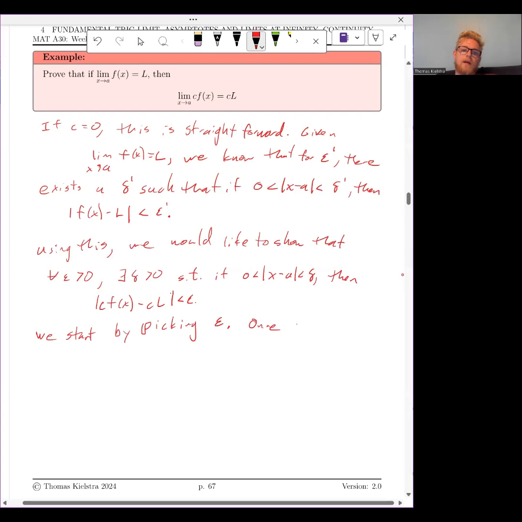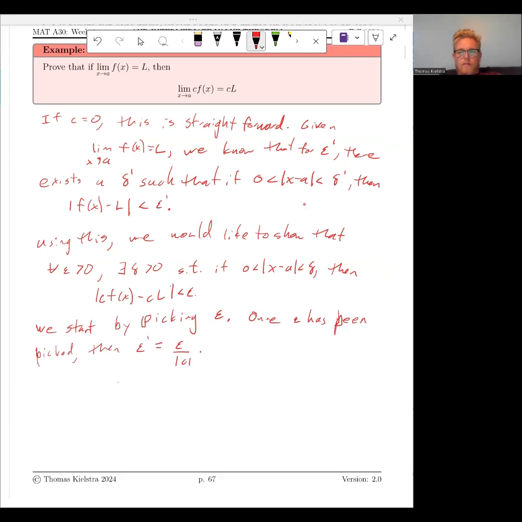Once epsilon has been picked, let epsilon prime equal epsilon over the absolute value of c. This is really nice. Why is it really nice?